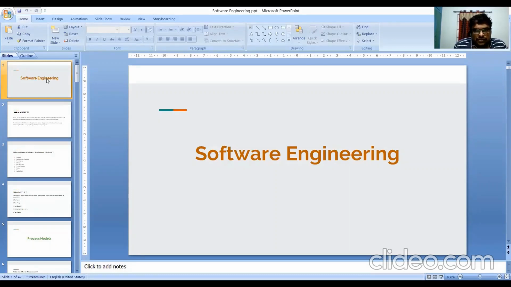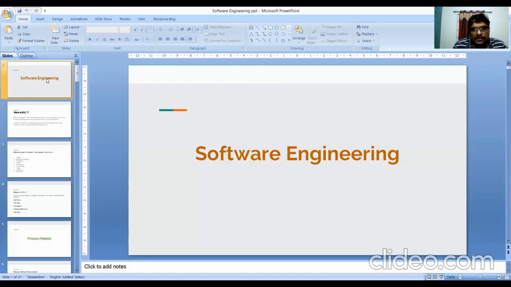Your syllabus is split into 5 units, which will help you understand software engineering holistically. Coming to the first unit, it talks about the definition of software engineering and the different myths of software engineering.